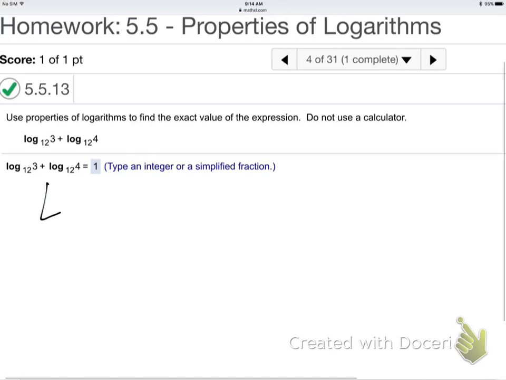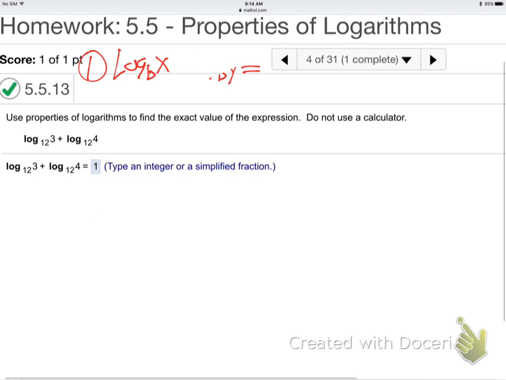Okay, so log base 12 of 3 plus log base 12 of 4. Oh, yeah, I need to show you the properties. Okay, so here, let me set this one aside for a minute. So it's time for the 3 big properties of logs. You've probably seen these in algebra before.